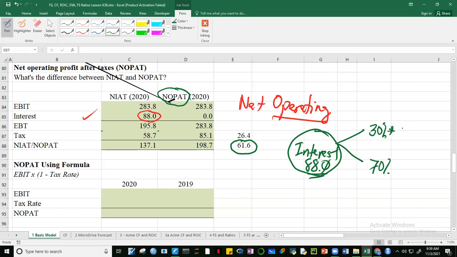So if we compute 30% of 88, how much will this be? And 70% of 88, how much will this be? Anyone, guys? I put here 88, 30%, and 70%. So this is 88. I'm going to fix this times 30%.